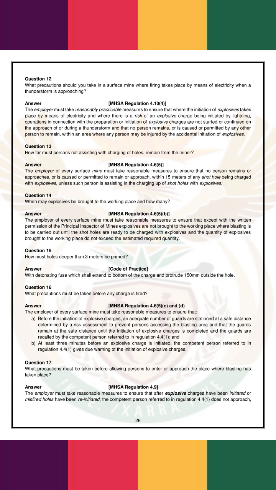Question 16. What precautions must be taken before any charge is fired? A. The employer of every surface mine must take reasonable measures to ensure that, before the initiation of explosive charges, an adequate number of guards are stationed at a safe distance, determined by a risk assessment, to prevent persons accessing the blasting area, and that the guards remain at the safe distance until the initiation of explosive charges is completed, and the guards are recalled by the competent person referred to in Regulation 4.4.1.